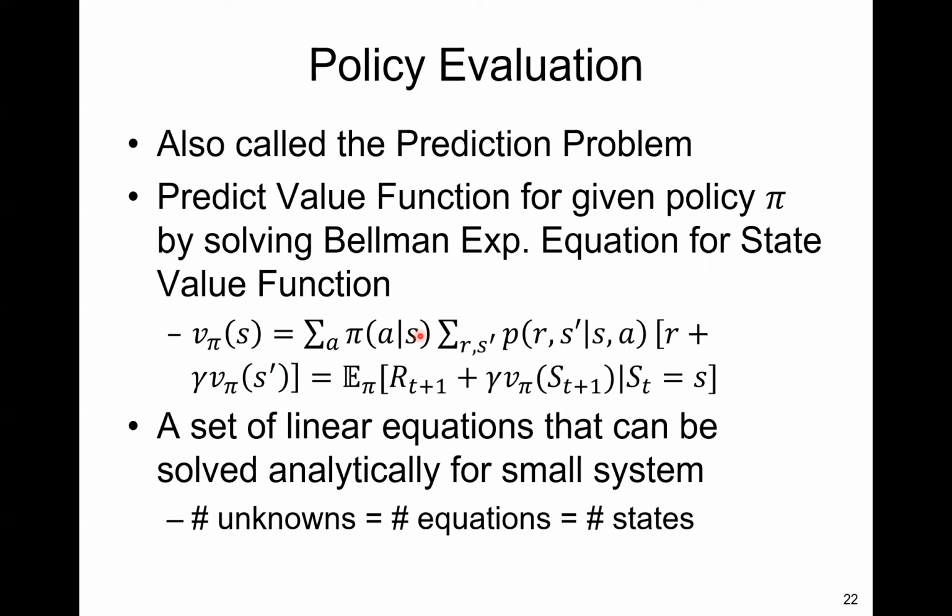You can also solve for the Qs, Q S A, but in general, the V pi functions have much fewer variables than the Q functions. So it's easier to solve for the Vs. Because it's a known MDP, you can always go from the V to Q.